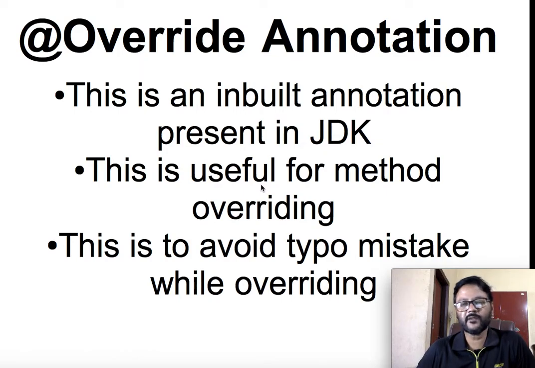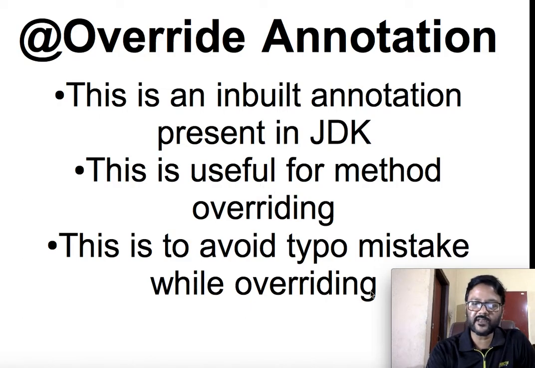And whenever you use the override annotation, it signifies to a class, whoever looks at that class, that the method you are writing is not an ordinary method, it is an overridden method. That is the indication you make whenever you use the override annotation.